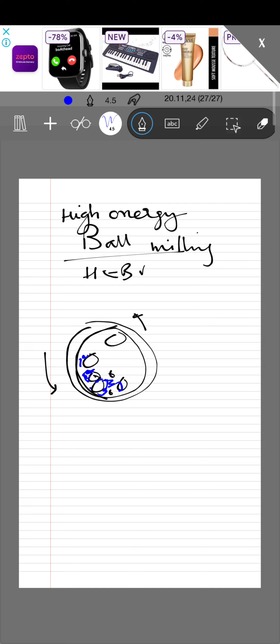Now, due to this opposite force, there is a centrifugal force acting, and this centrifugal force makes these powders reduce to the nano regime. So there is a rotating vial, and there is a supporting disc which move in opposite directions. This is the concept of ball milling. Okay, that's it.